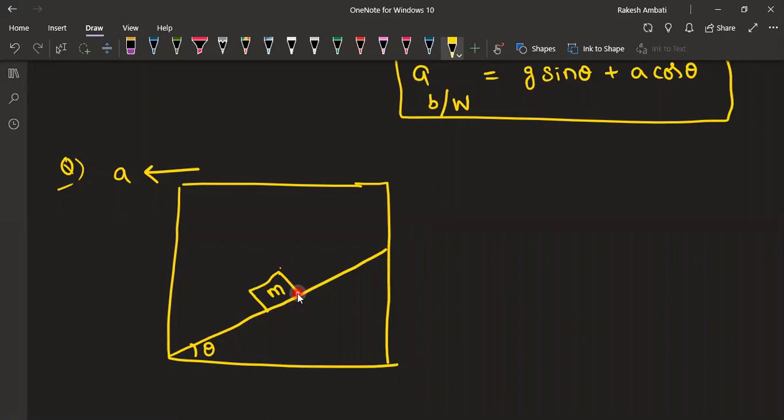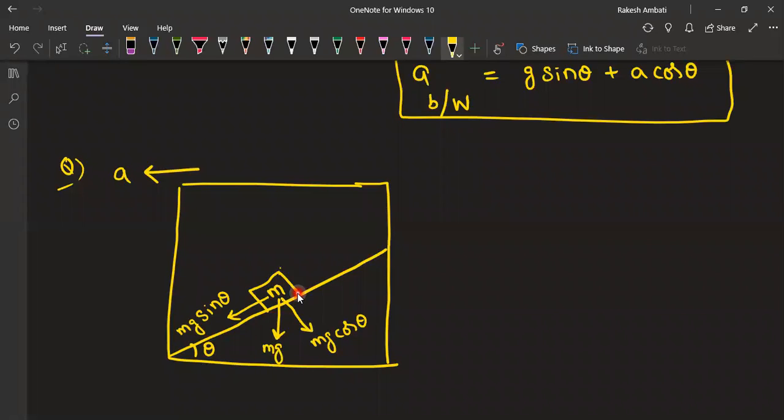Same thing, we have to find the normal force acting on the block and the acceleration also. So m is the mass, so its weight is mg. Then it is mg cos theta. Then this component is mg sin theta.